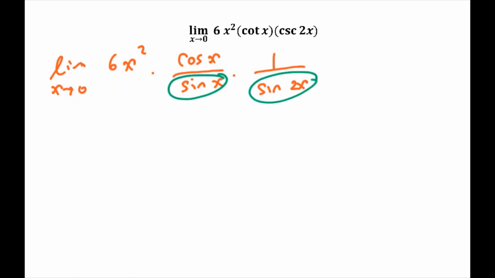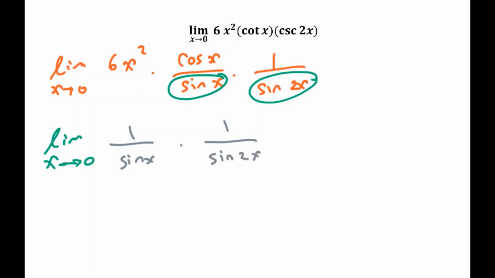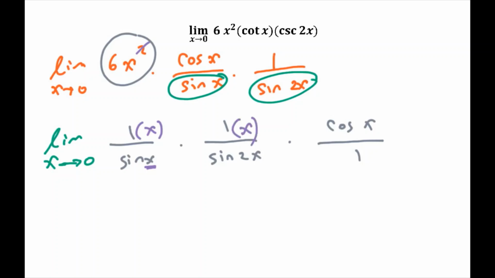I can apply the rule. So it's going to be the limit as x approaches 0. First of all, I'm going to take the first sine, so 1 over sine x, multiplied by 1 over sine 2x, multiplied by cosine x over 1. What about 6x squared? Well, in this case, I need x up here, so I'm going to take one of these x's, and I need the other one here.